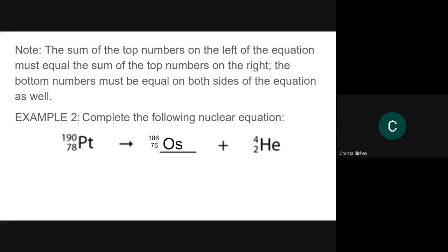The stuff I did on the board, I was trying to do there, and I didn't pay attention when I was putting stuff over. So anyways, in alpha decay, you subtract 4 from the top number, and you subtract 2 from the bottom number. You look that one up to get its symbol. And so platinum is the parent, and osmium would be the daughter.